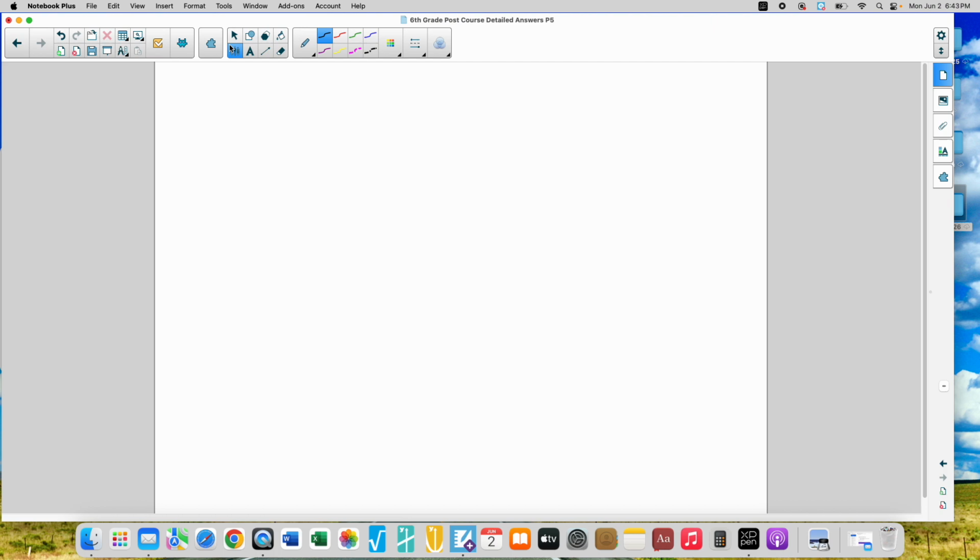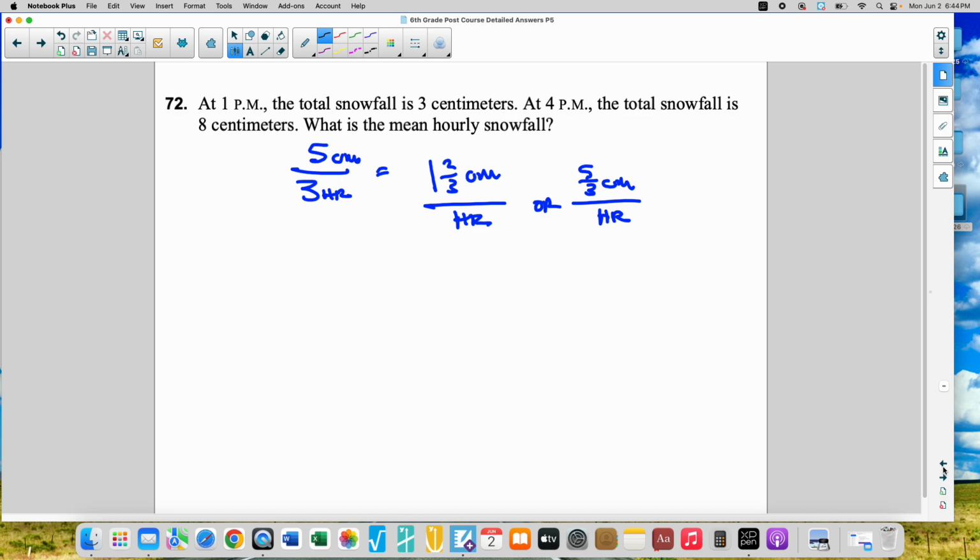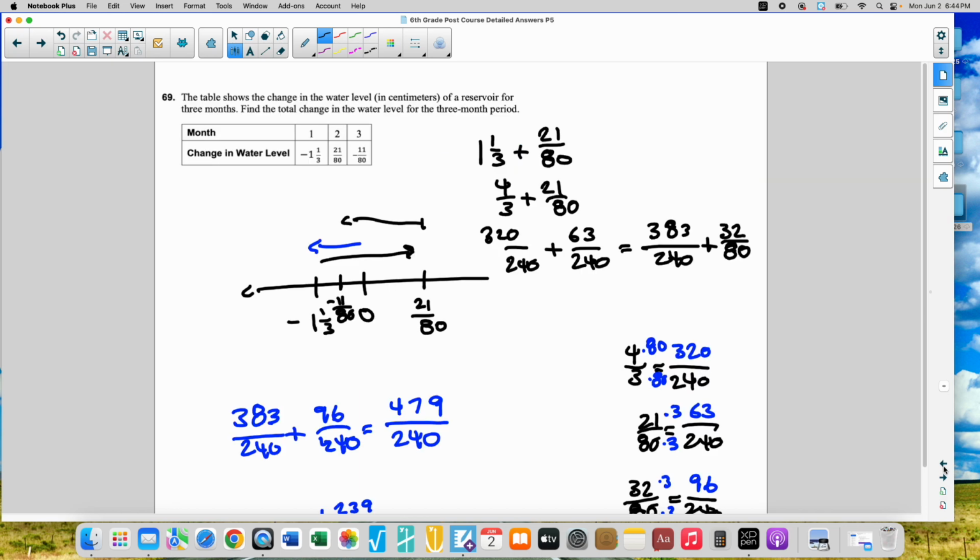So, going back to this one. You can let me know if you understand what they're asking. I'm assuming that if we're at 0, and then we go down 1 1/3, and then we go up to 21/80, and then we go down to negative 11/80, that's what we do.